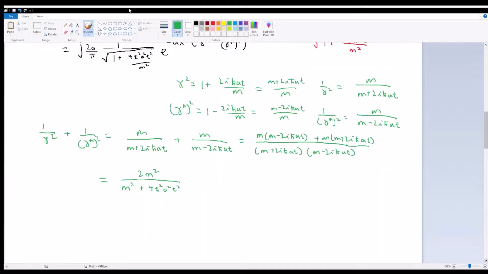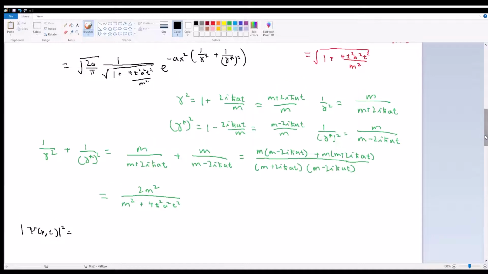So let's rewrite everything. Then the magnitude of psi of x comma t squared is going to equal the square root of 2a over pi times 1 over the square root of 1 plus 4 h bar squared a squared t squared all over m squared.